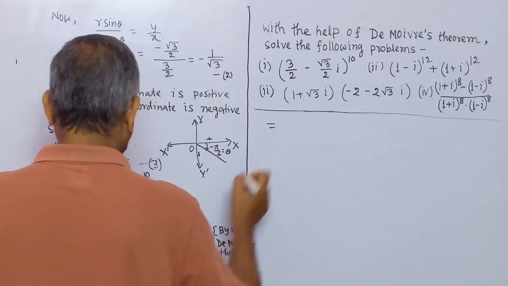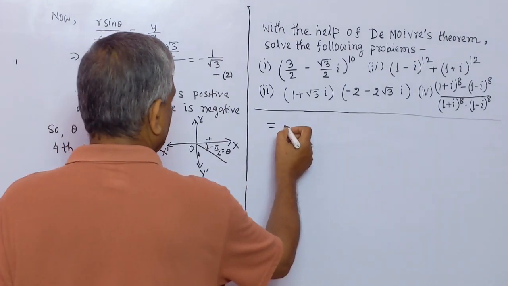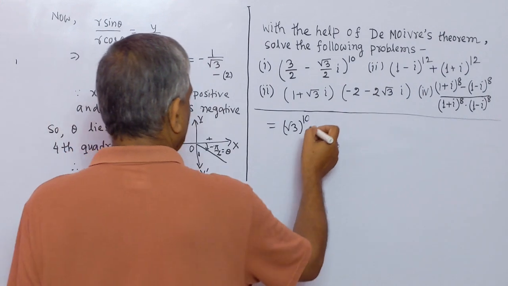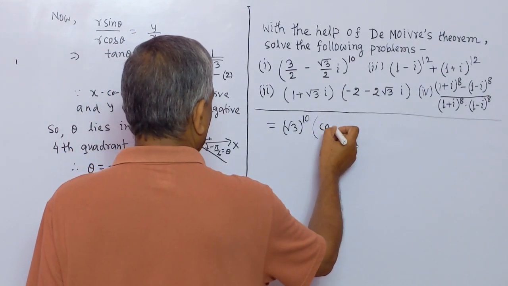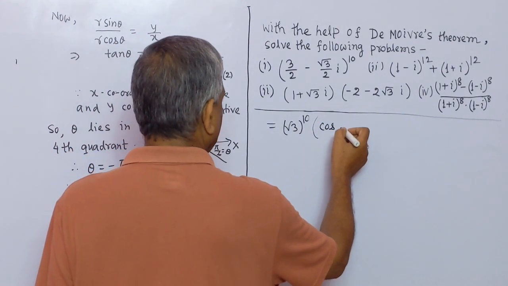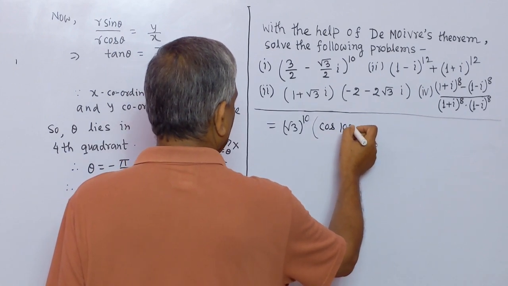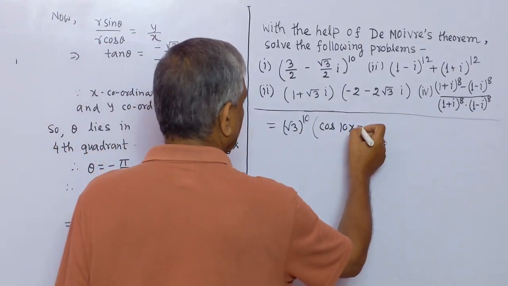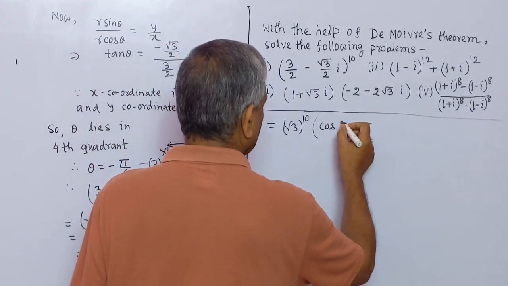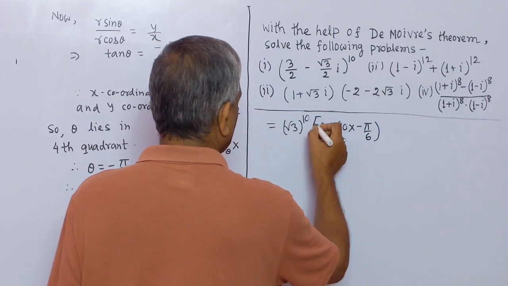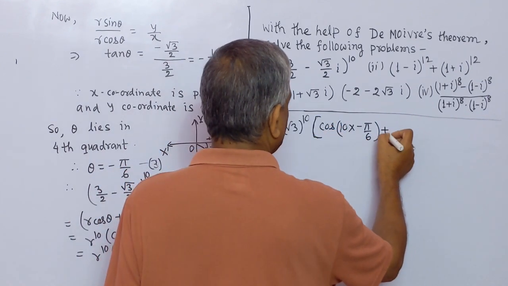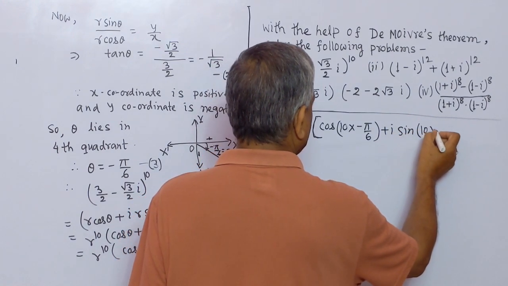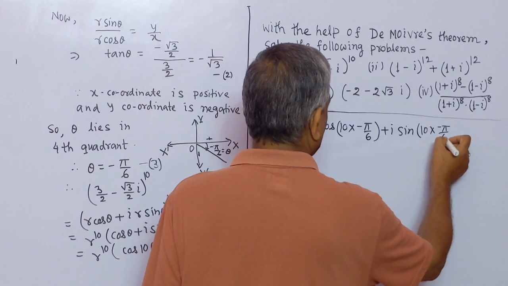This is equal to r, which is square root 3, to the power 10, and cos of 10 multiplied by theta, which is minus pi by 6, plus i sin of 10 multiplied by minus pi by 6.